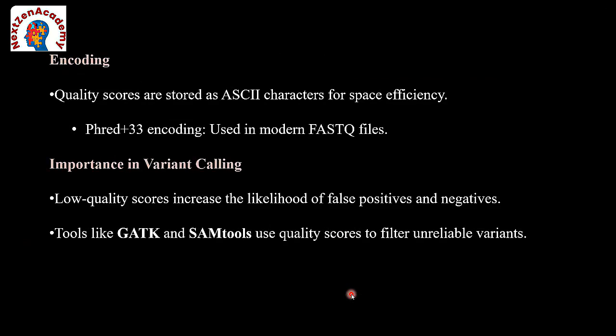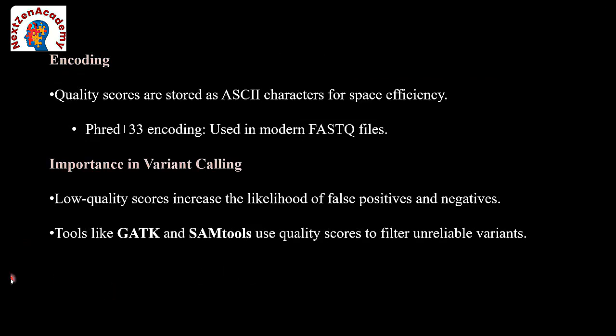The quality scores are stored as ASCII characters for space efficiency. Phred+33 encoding is what is used in modern FASTQ files. The quality value should be above 30.